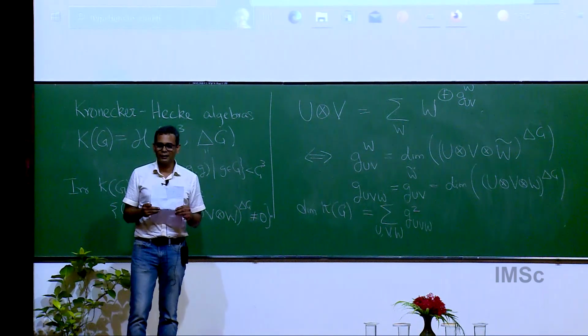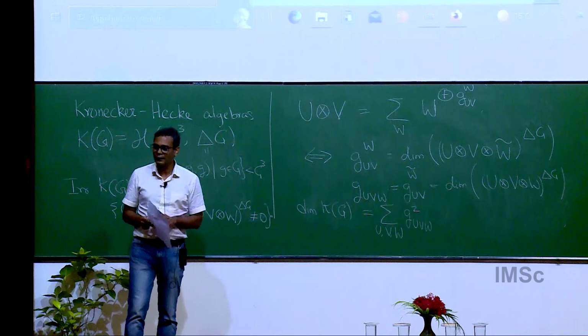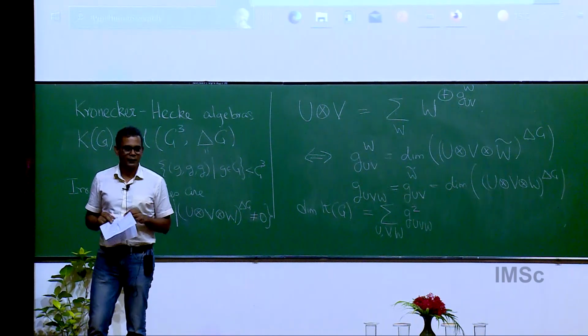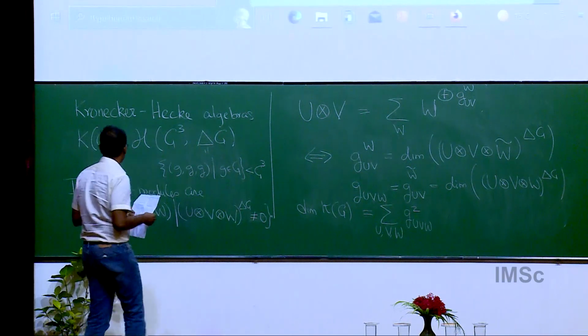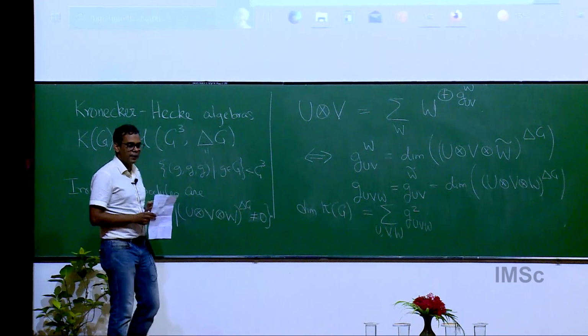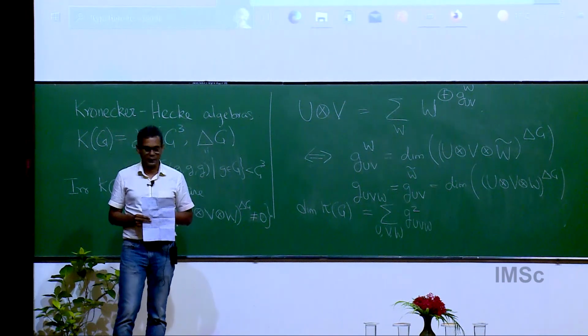But coincidentally at that same time, Bal sent us some preprints by Ben Geloun and Ramgoolam, who were working on exactly the same problem for symmetric groups. They were looking at Kronecker-Hecke algebras where G is a symmetric group and trying to understand the Kronecker coefficients using that.